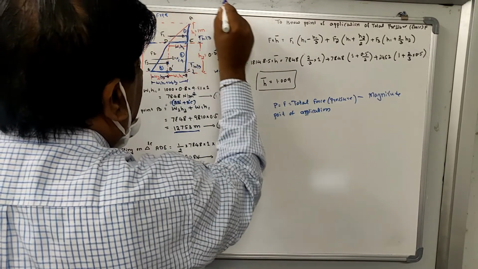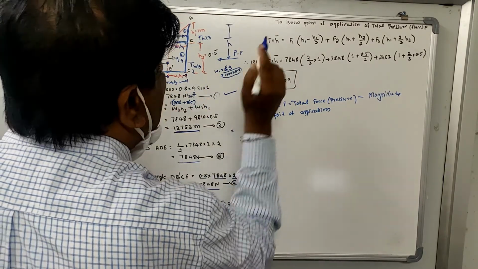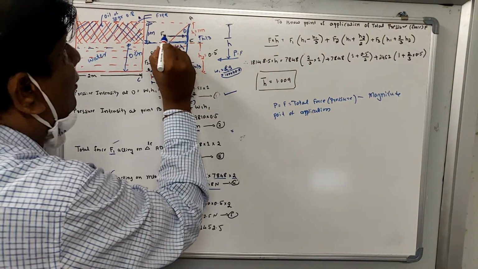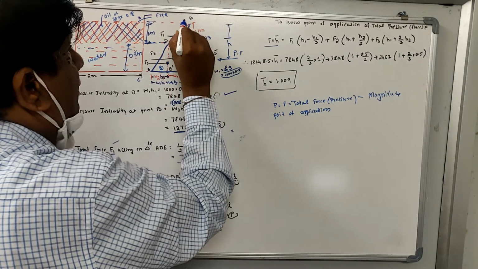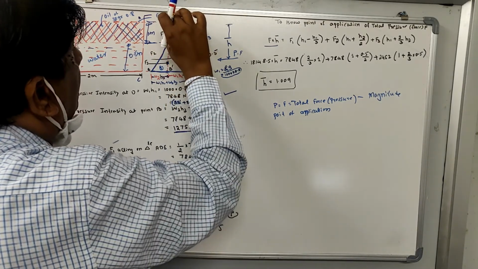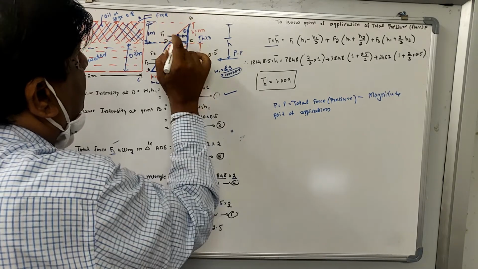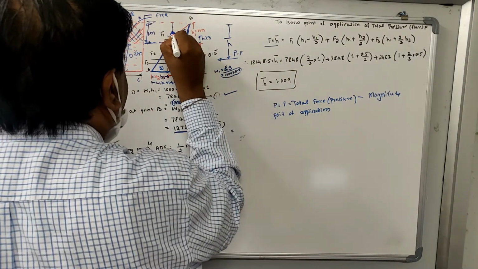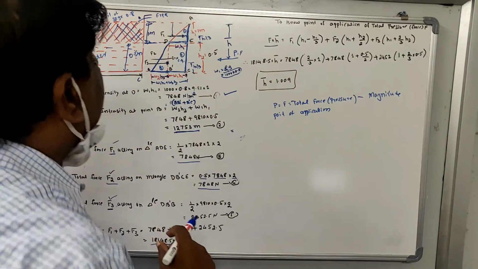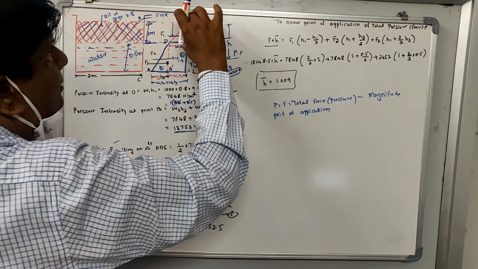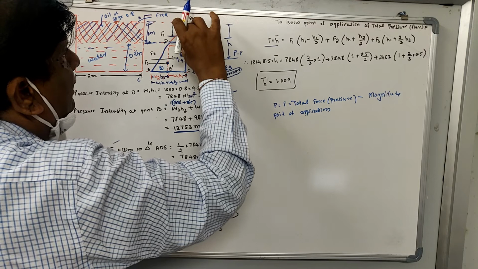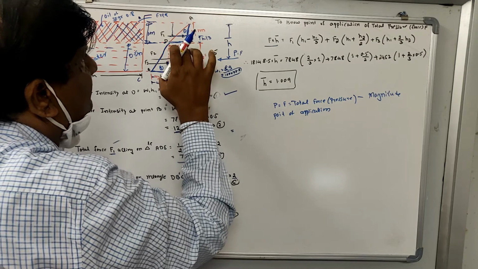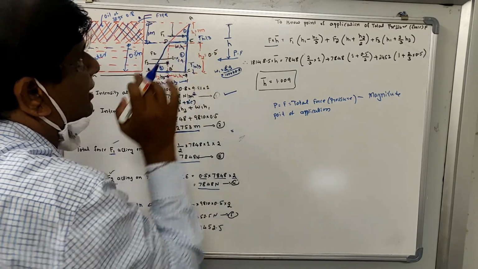The moment of this force about the point A is F h bar. This is equal to the moment of F1 about A. The moment of F1 is F1 multiplied by this particular perpendicular distance. This distance is this height minus h1 by 3, because we already know the point of application of F1: it acts at a distance of h1 by 3 from the base DE.